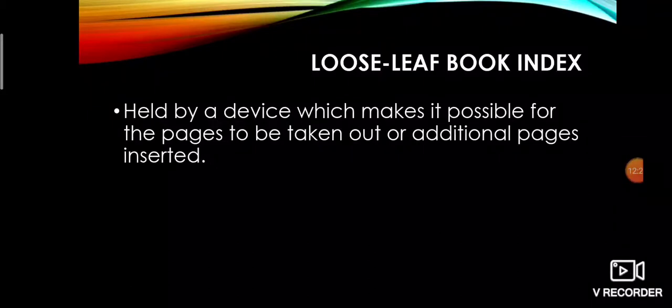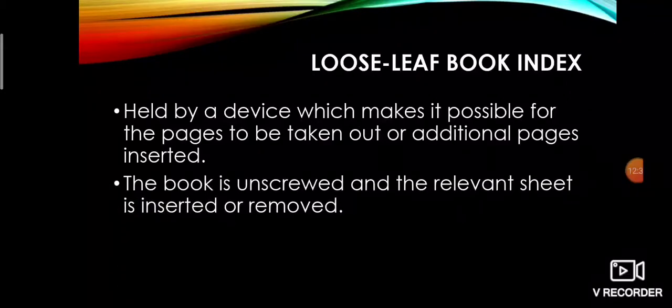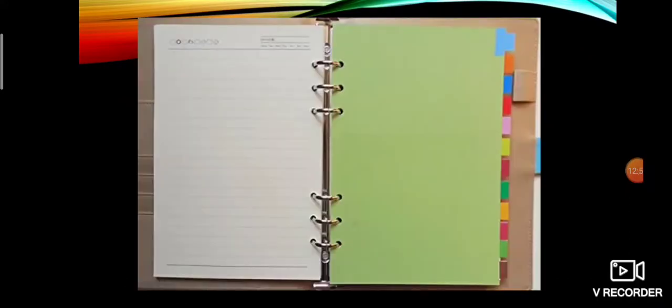When it comes to loose leaf index naman, it's possible for the pages to be taken out kung gusto mong dagdagan or meron kang tatanggalin. The book is unscrewed, and the relevant sheet is inserted or removed. So ito ang maganda naman dito sa loose leaf book index.